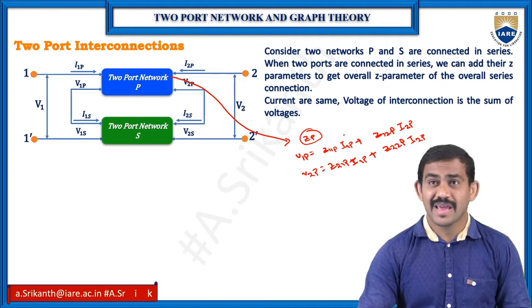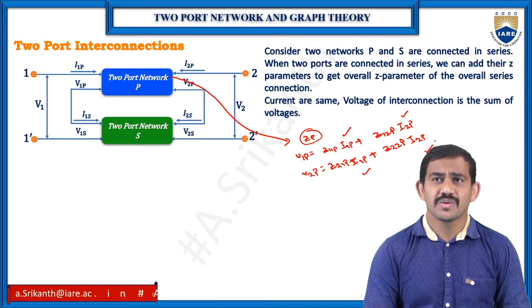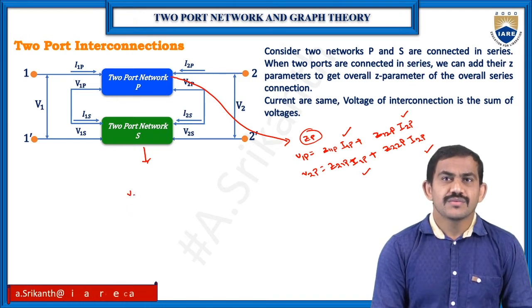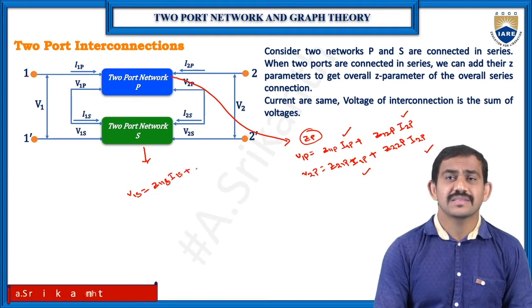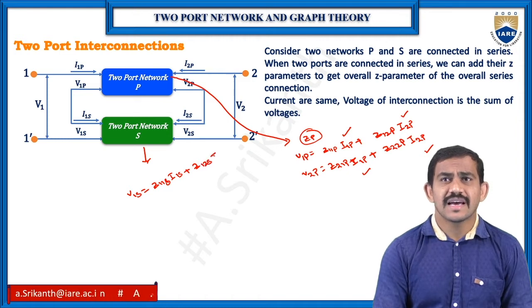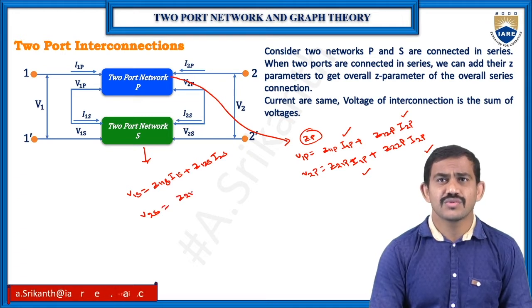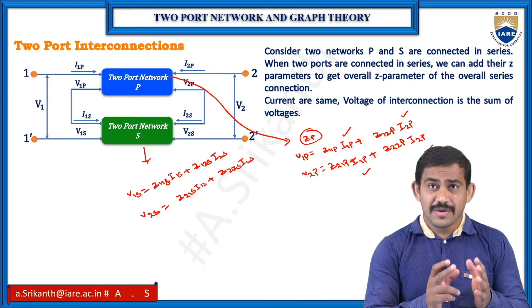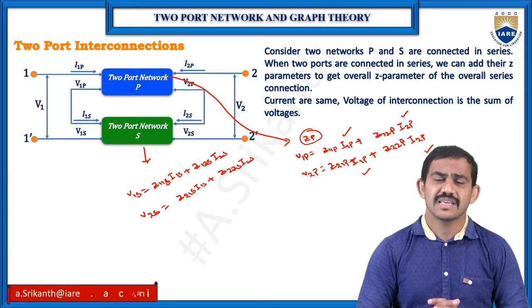But here we are using the primary, the P network values, so I mention them with P. Same thing for the S network: V1 of S equals Z11 of S, I1 of S plus Z12 of S, I2 of S, and V2 of S equals Z21 of S, I1 of S plus Z22 of S, I2 of S. So these are my P network and S network values, the impedance equations, the Z parameter equations.